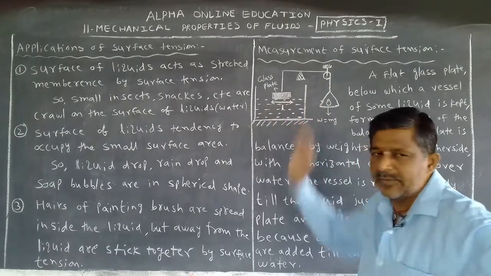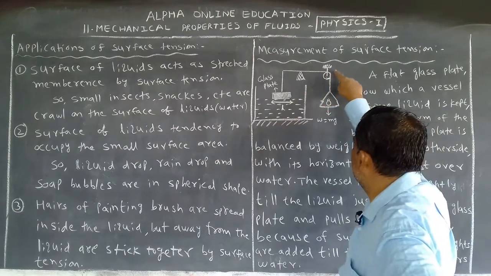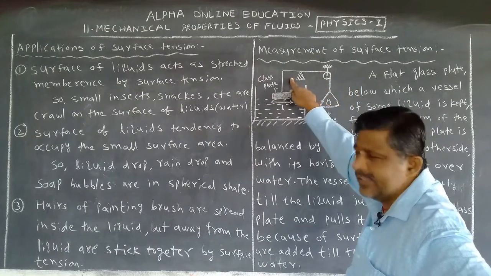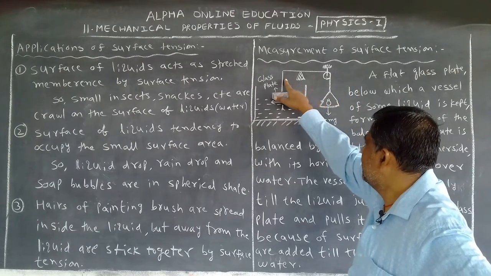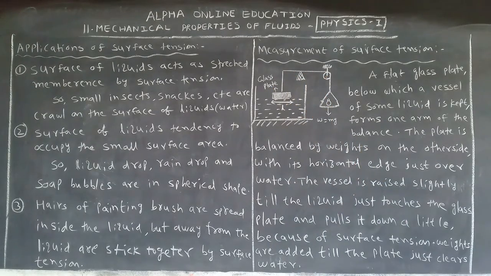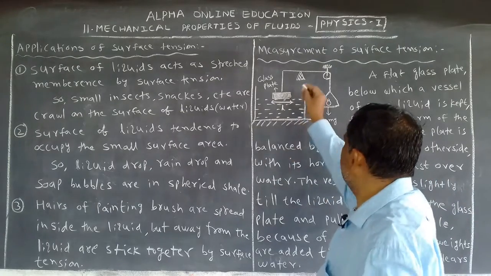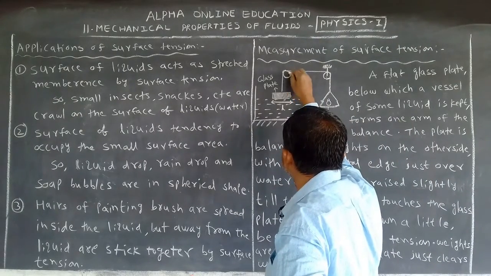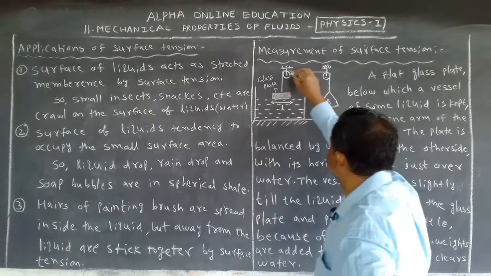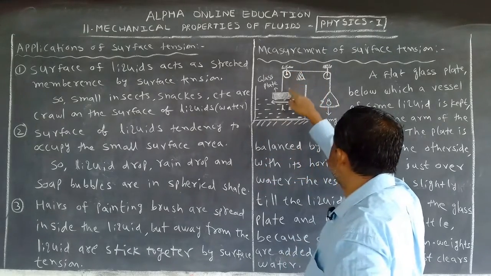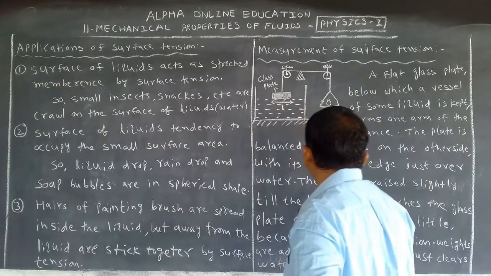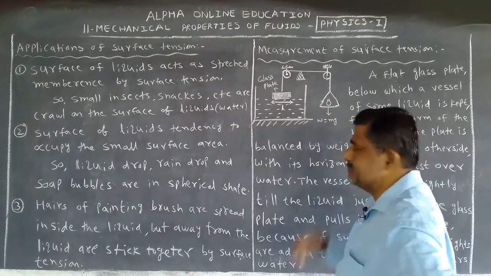In the vessel we take some liquid, and we take a pulley from a rigid support with one hinge. Here also we take a pulley, no problem, that is our wish. Here also take one more pulley from a rigid support. Now here we take one glass plate, and the other end of the rope is connected to the pan.